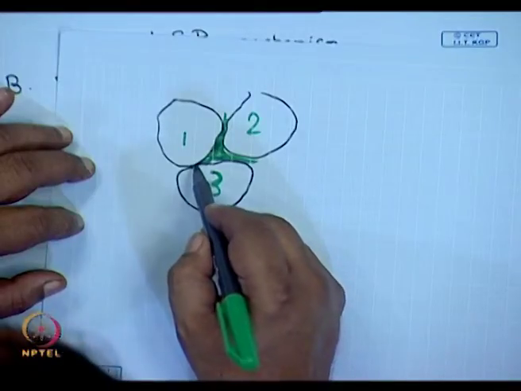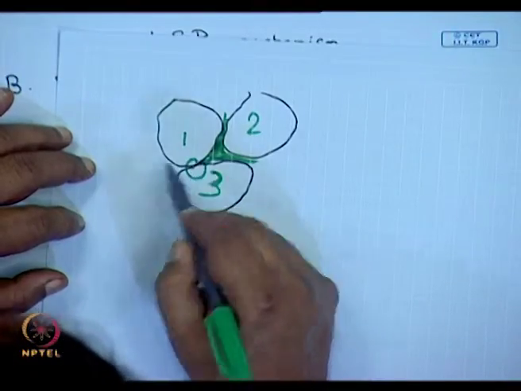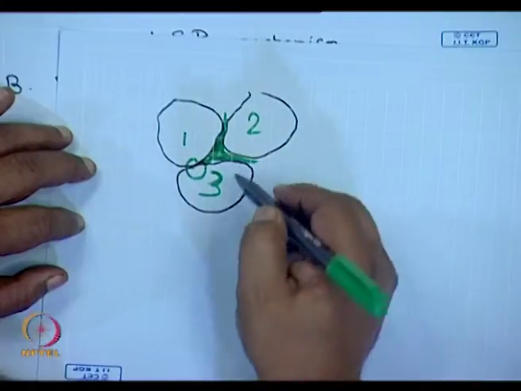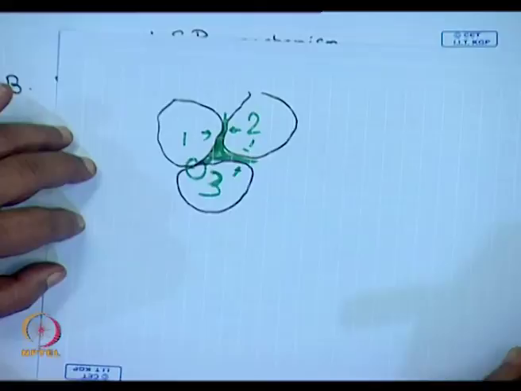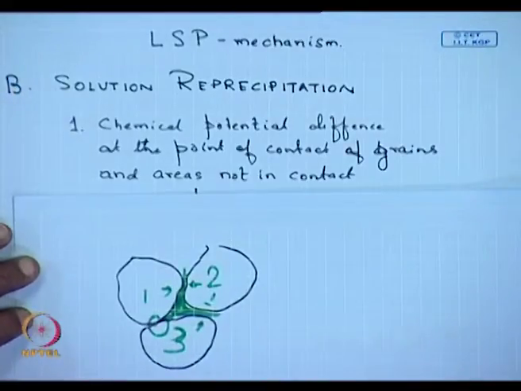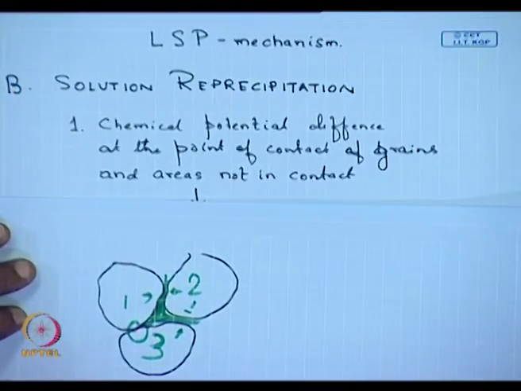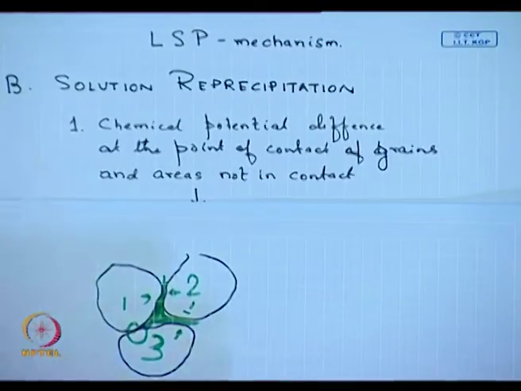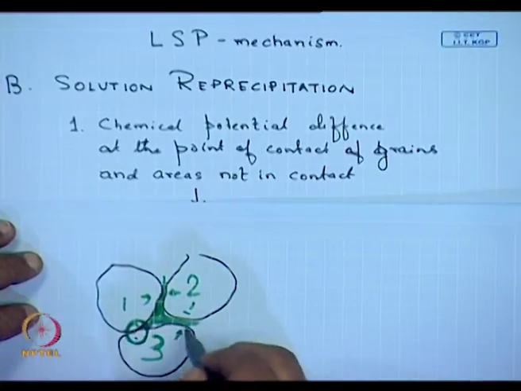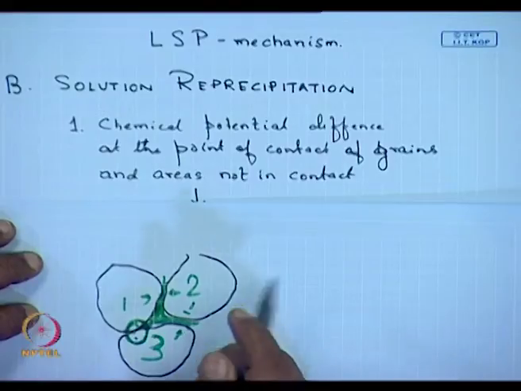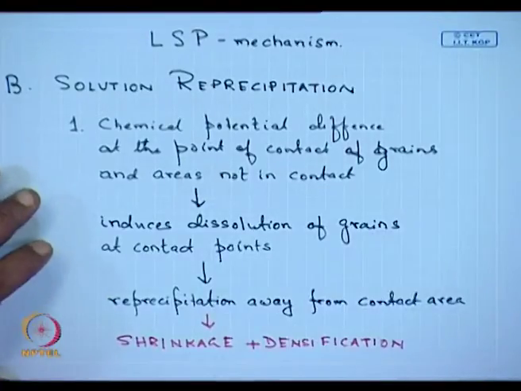From your high school chemistry, you know that the very existence of a contact here and the lack of contact here and here will lead to a difference in chemical potential between this point and these 2 areas. And what will it lead to?